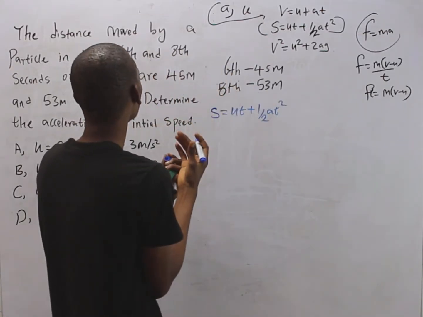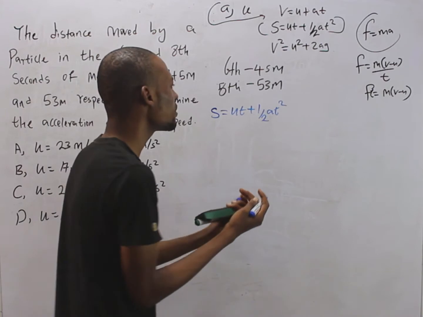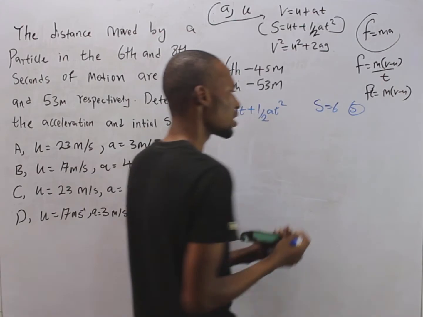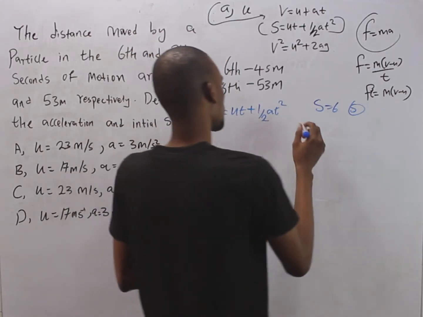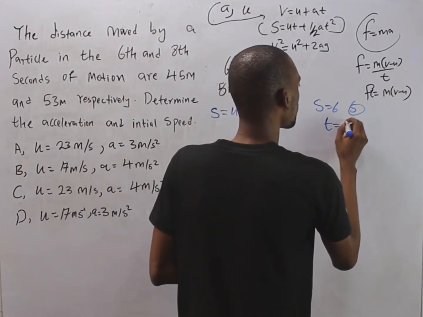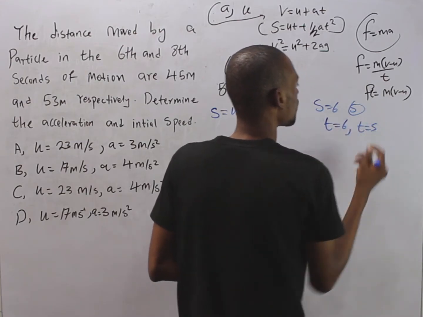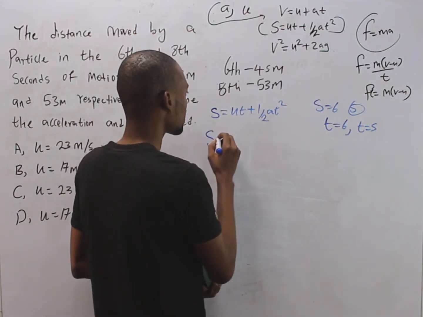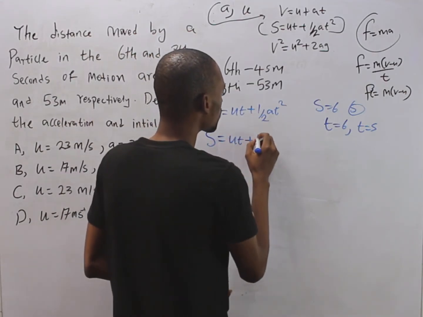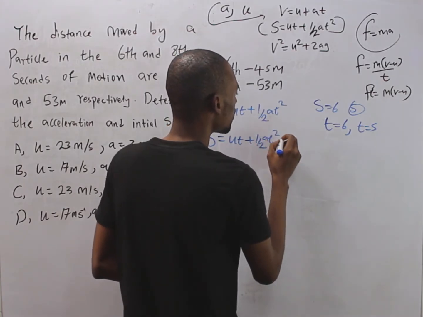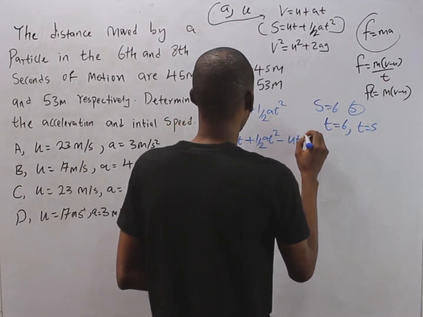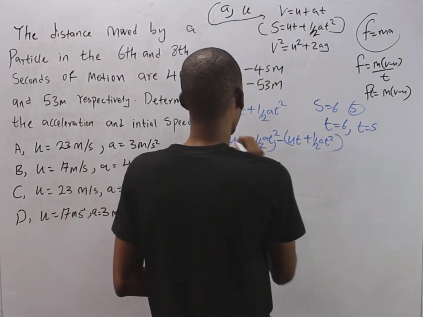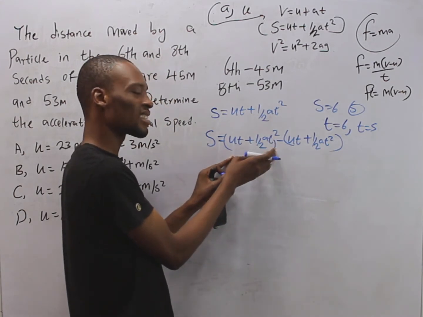The distance covered in the 6th second is simply the distance covered in 6 seconds minus the distance covered in 5 seconds. That will simply be when t is equal to 6 and when t is equal to 5. We simply subtract them like I did. So distance s is equal to ut plus 1 over 2 at squared, minus ut plus 1 over 2 at squared. This one is the distance covered in 6 seconds.